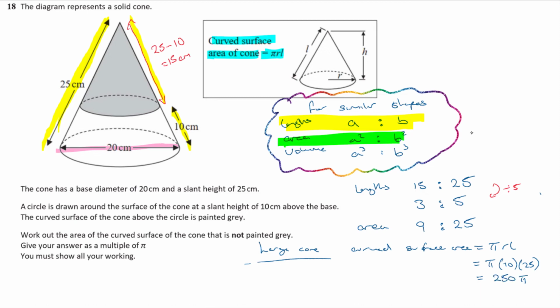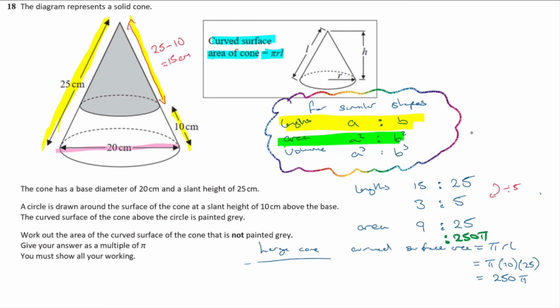Okay? So if this is 250 pi here, that means that the curved surface area of the small cone is going to be, well, that is 10 pi greater than 25, isn't it?